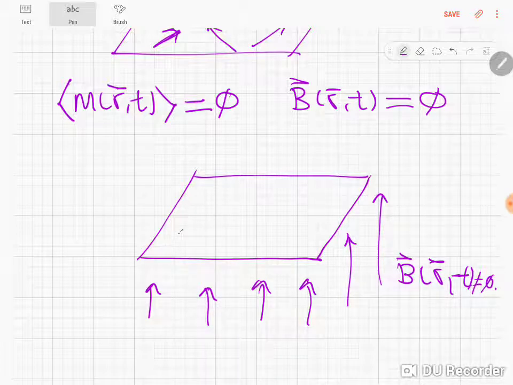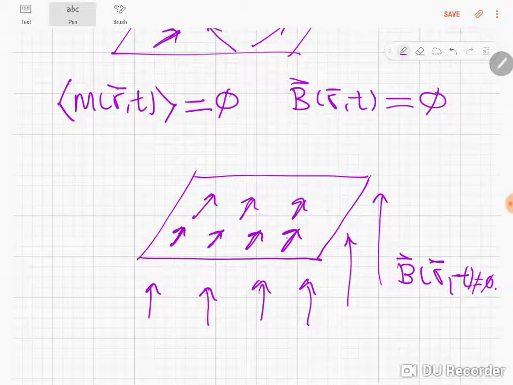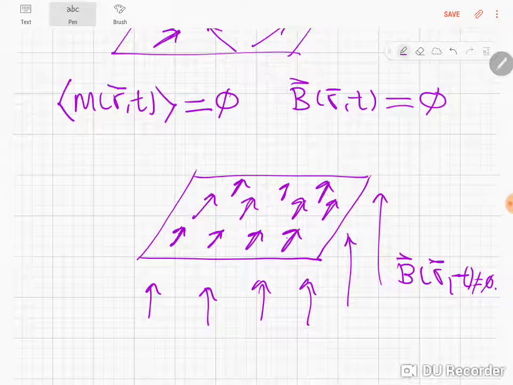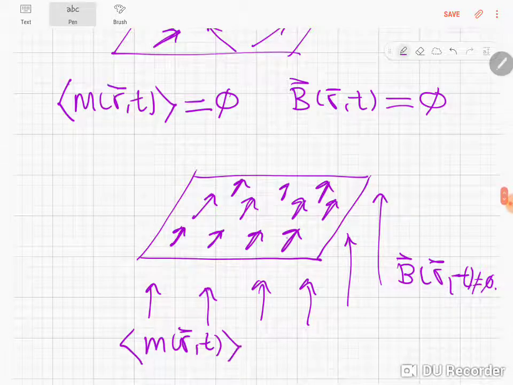And then the atomic moments will align, or will tend to align, with the magnetic field. That depends on some other stuff in the material, but in general they will have the intention to align with B, and then that means that when we measure the magnetization of the material, it will be different than 0.